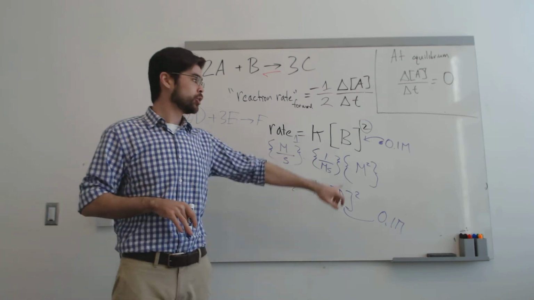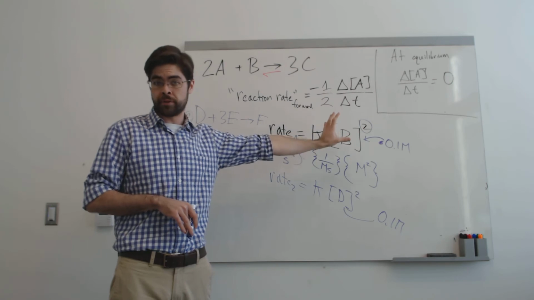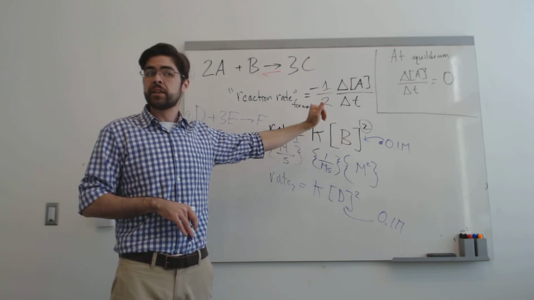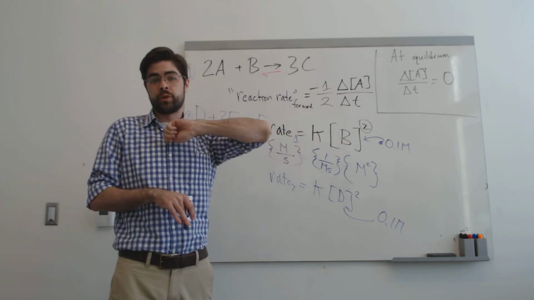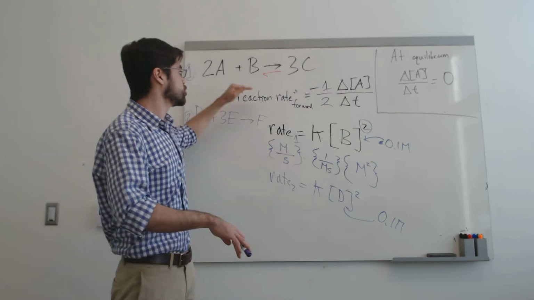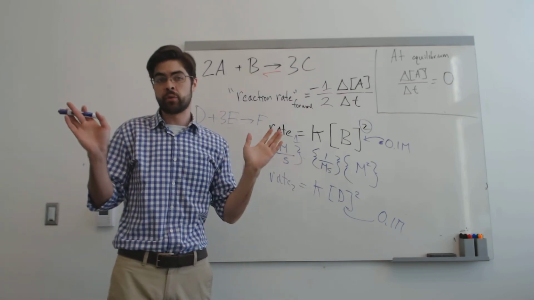In general, your exponent in the rate law, what we call the order of the reaction, we'd say this reaction is second order with respect to B. The order of the reaction with respect to a particular reactant is completely unrelated to its molar coefficient. You can't predict it out of nowhere.